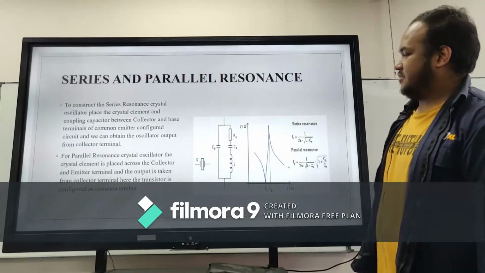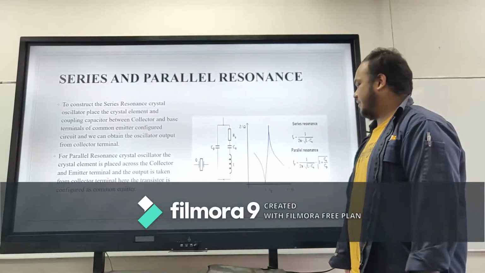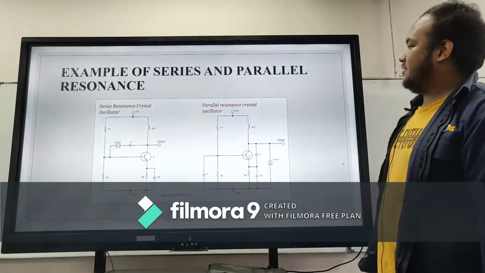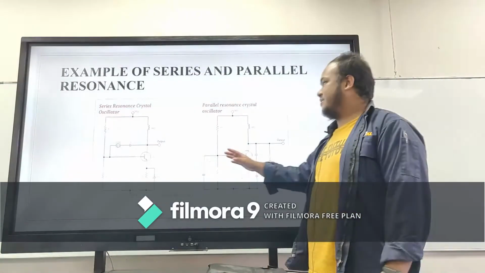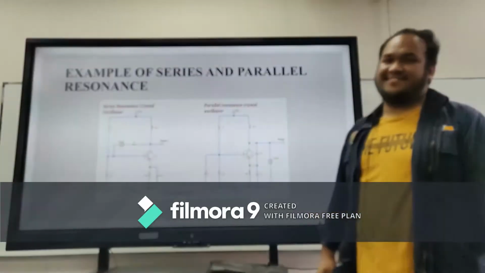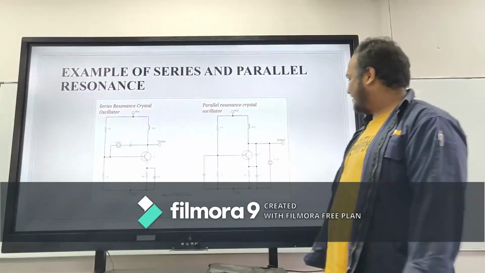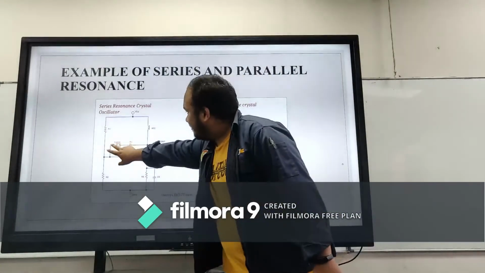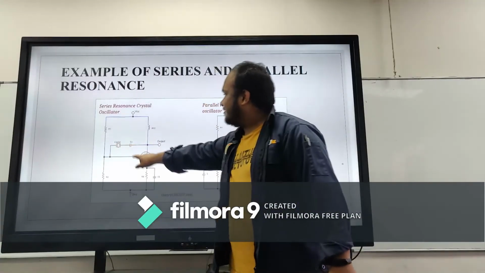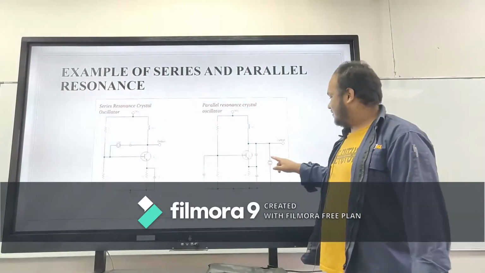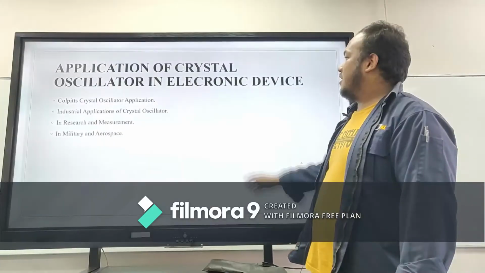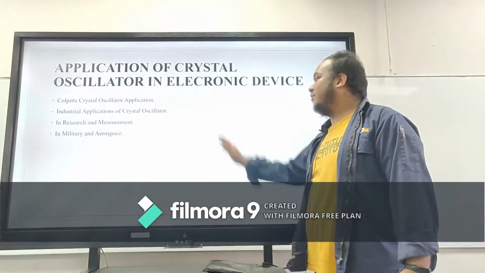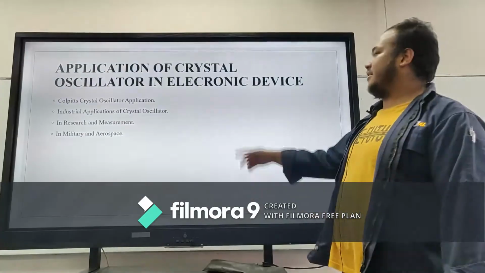Here the transistor is configured as common emitter. Next, this is an example of series and parallel resonance. This is a crystal in series resonance. This is a crystal in parallel.